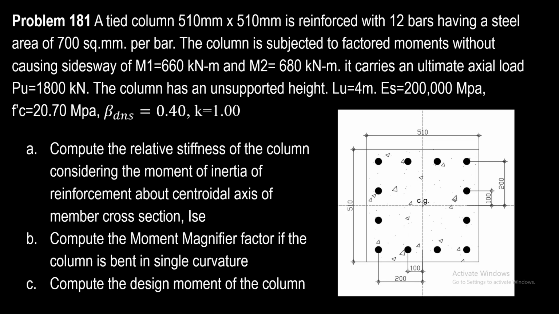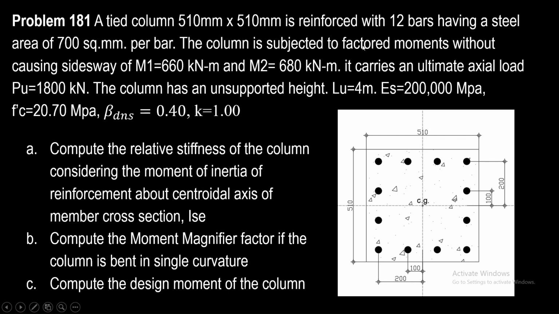Second problem: we have a 510 by 510 millimeter tied column, or square column, reinforced with 12 bars, each having a steel area of 700 square millimeters.